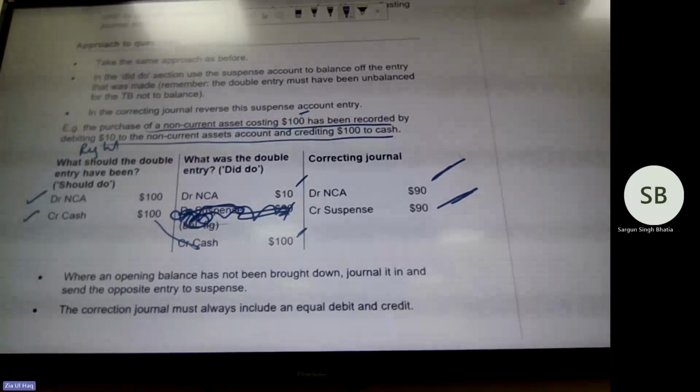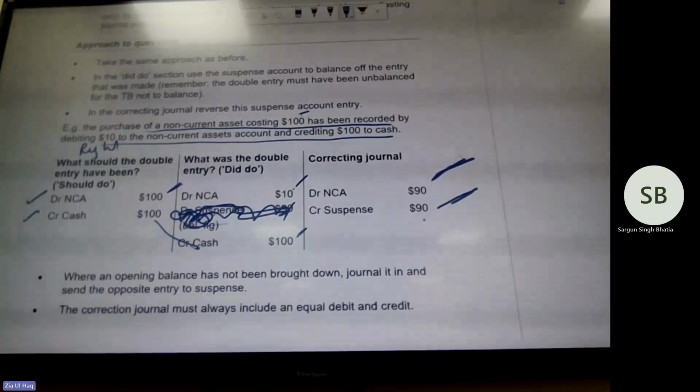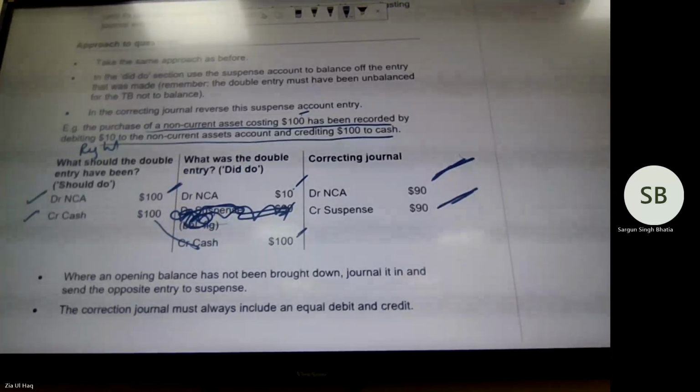This means to rectify this, you need to correct what is wrong. Instead of 100, you have recorded the non-current asset as 10. This means by 90, you have to record the non-current asset more, as a debit. And on the credit, cash is accurate. So what you can record in the rectifying entry is the suspense account with 90.